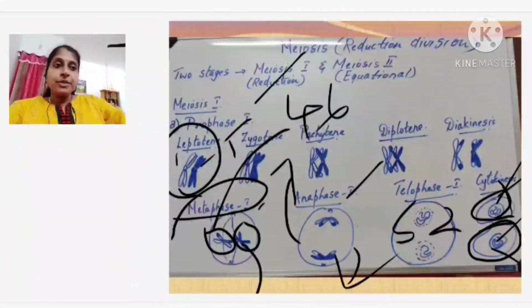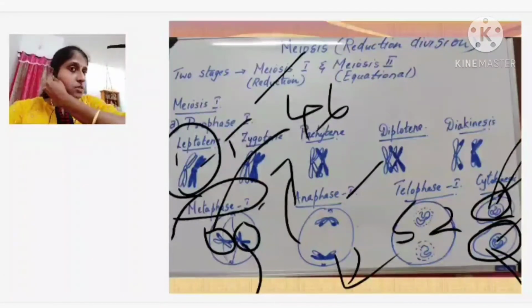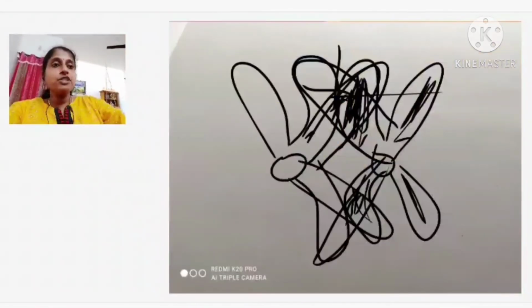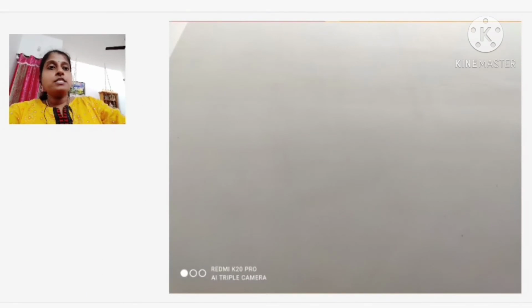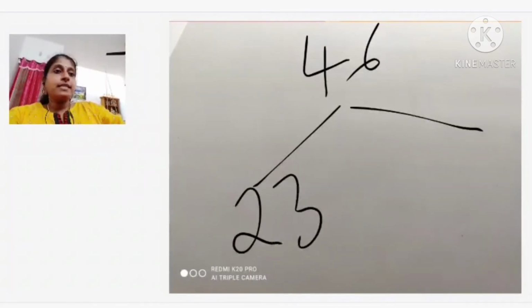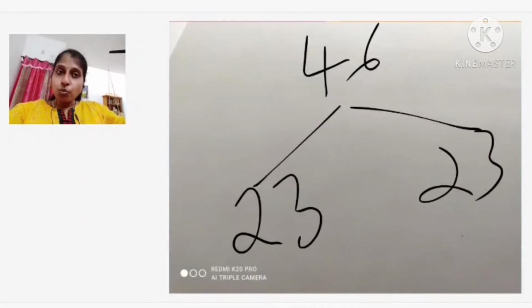That's why 23 will be present on one side and 23 will be present on the other, right? So like this, you can find in meiosis 1, reduction is taking place. What do you mean by reduction division? From 46 chromosomes, I am getting 2 cells which are having 23 chromosomes.